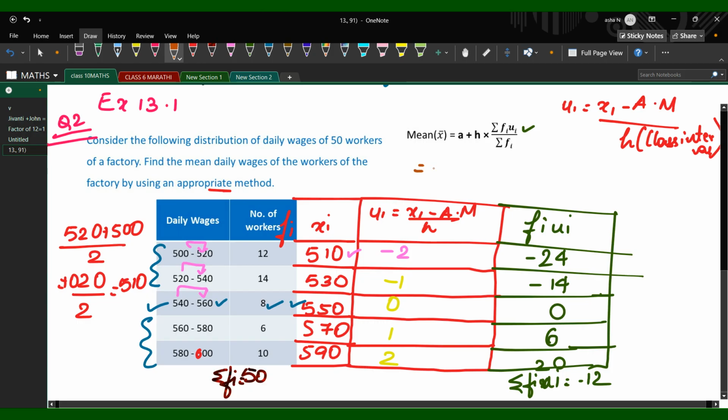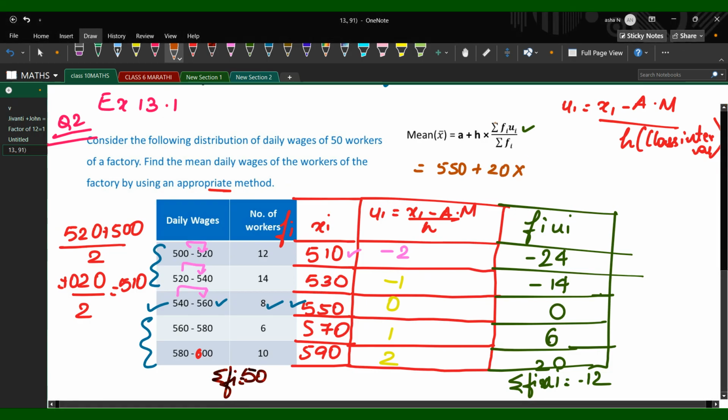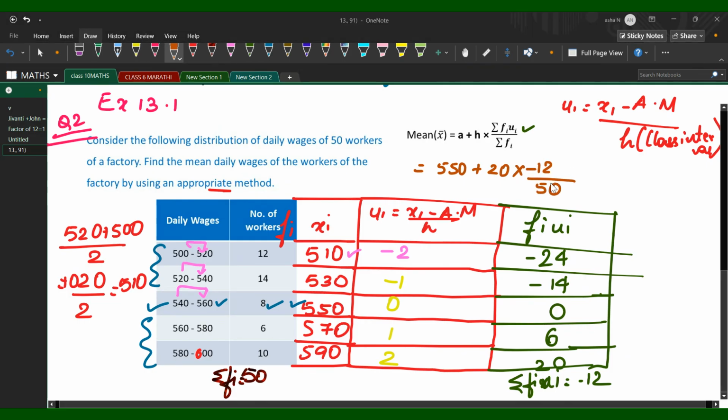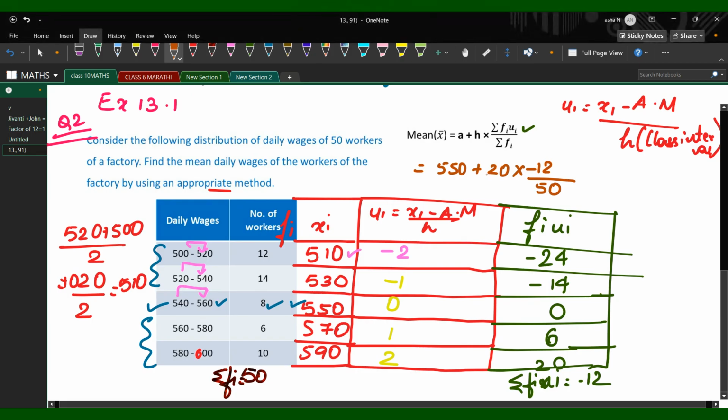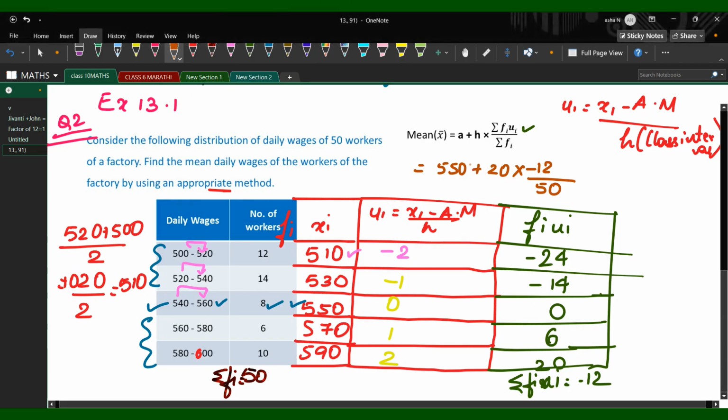Now a, which is the assumed mean, which we took as 550, plus h, that is the class interval, which is 20, into the sum of f_i u_i, which is minus 12, upon the sum of f_i, which is 50. Now how are we going to solve this? First we will simplify here itself.